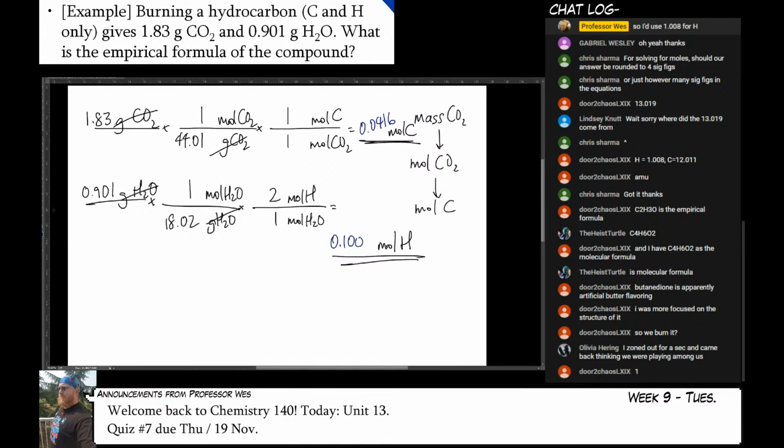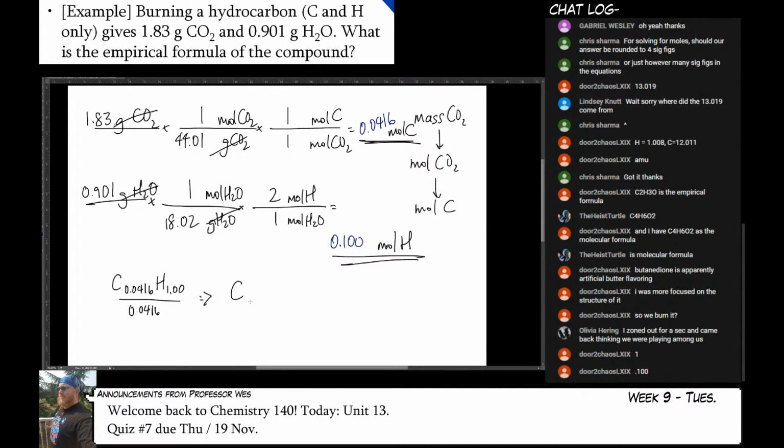Now, we've done the steps correctly, but you're going to look at these numbers here and be like, I don't immediately see a number I can divide out. But let's do the process anyway. I'm going to divide by the smallest number. And I will get C1H1 over 0.0416.